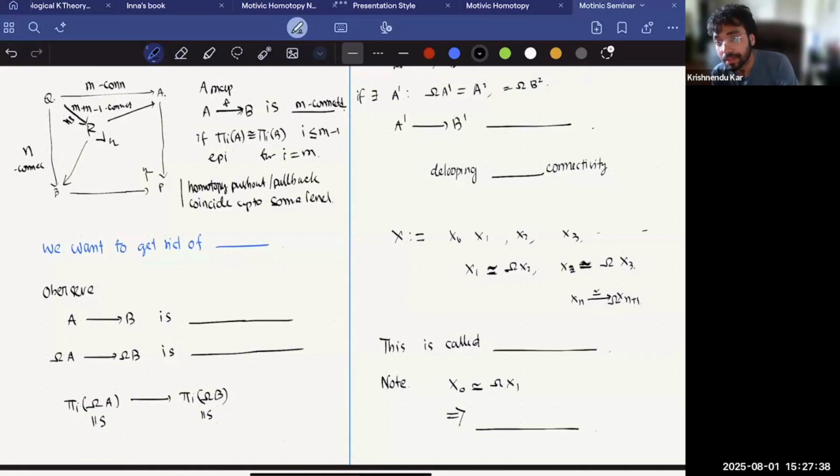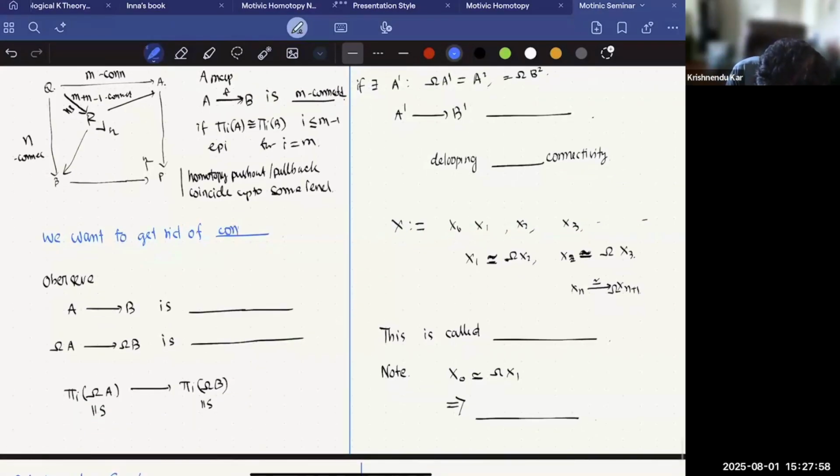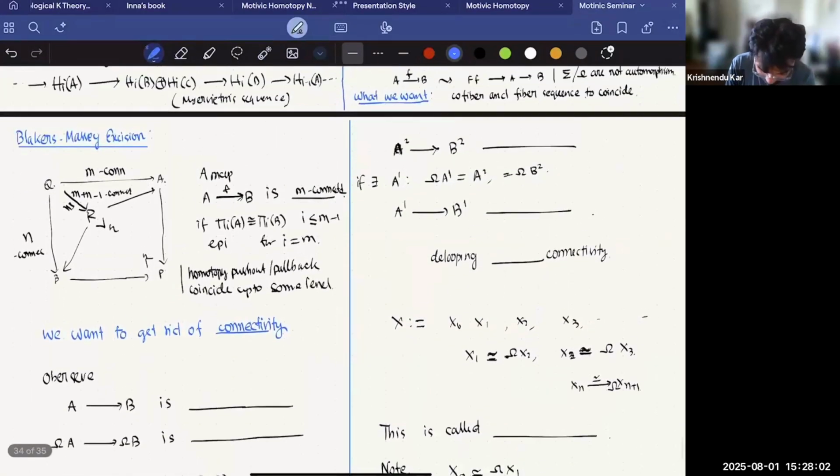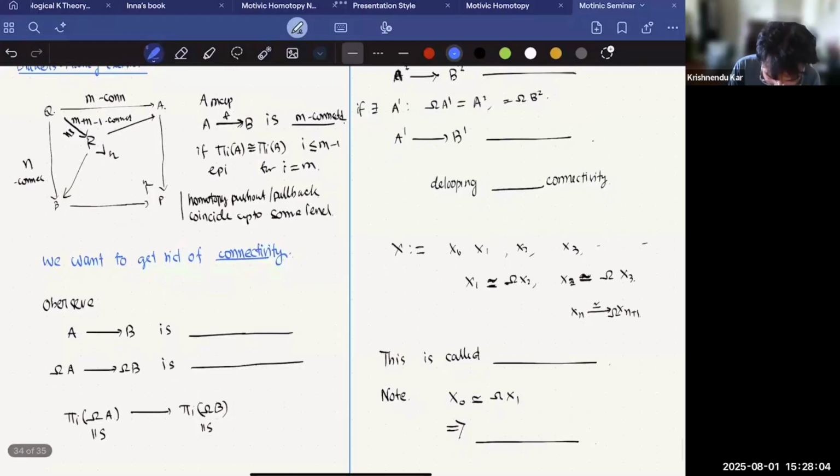That means whatever discussion we just had in the last slide will be holding true, but up to some connectivity level. So what we really want right now is to get rid of the connectivity. Are you following so far? Like what you want to do? Yeah. How we'll do it, we'll get that later, but this is what we really want. We want to get rid of this connectivity. That is the only obstruction here.